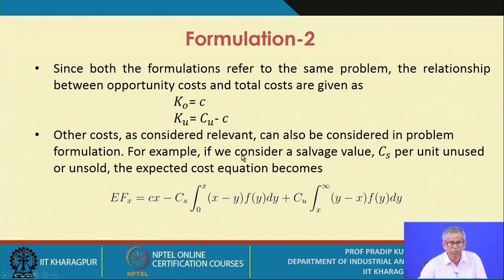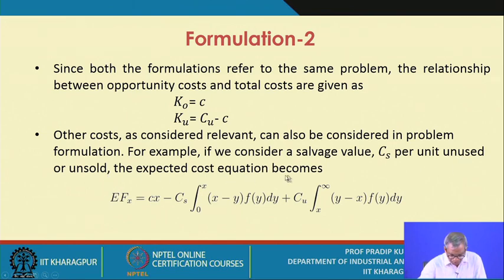While you formulate the total cost expression, you can also add other relevant costs. Like, you can add the salvage value, Cs, on a per unit basis. If you consider the salvage value, it's not a cost, actually it is basically a revenue per unit unused or unsold.